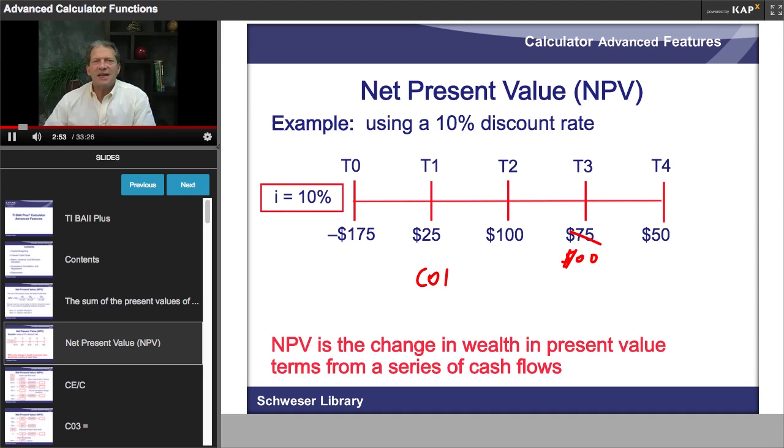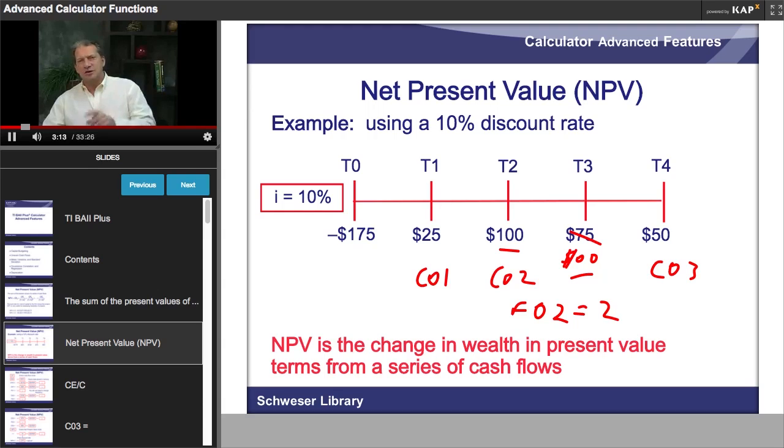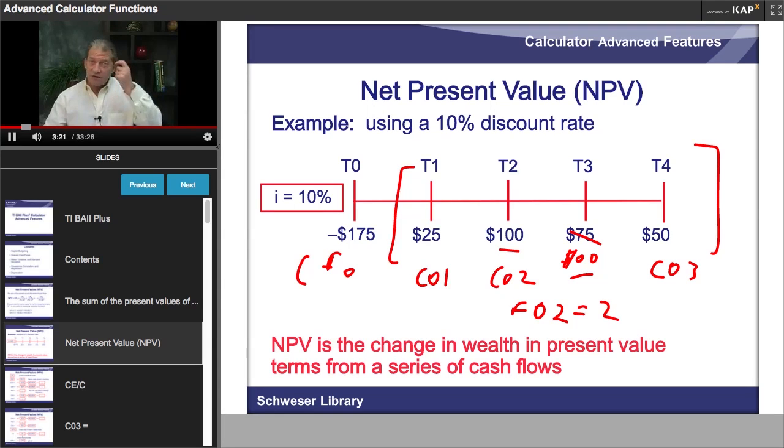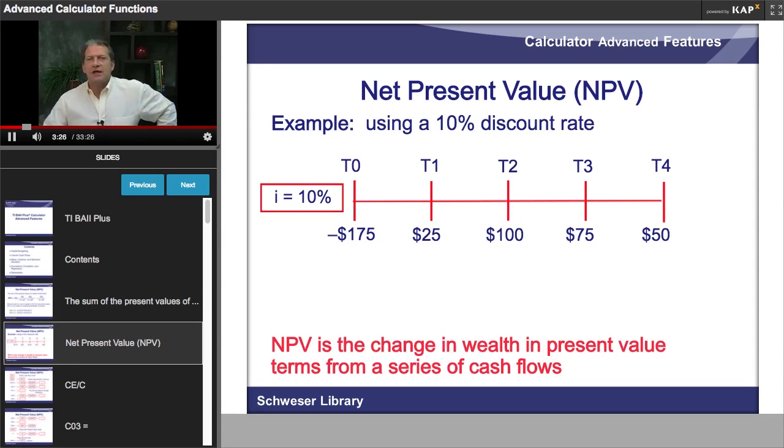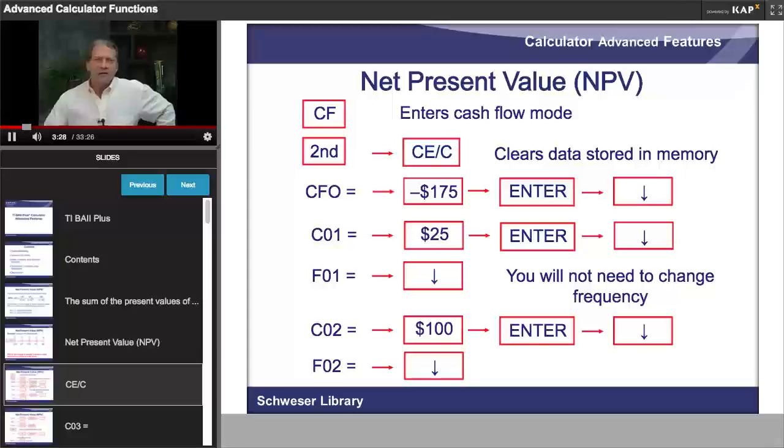So this would be cash flow 1, and this would be cash flow 2, and then we'd say the frequency of cash flow 2 is 2, because there's 2 of these $100 payments in a row, and this would actually be cash flow 3 because that's the third different cash flow out here beyond CF0, our negative 175. So clearing this off, we'll see we've got 4 to enter, so let's go through that entering procedure.